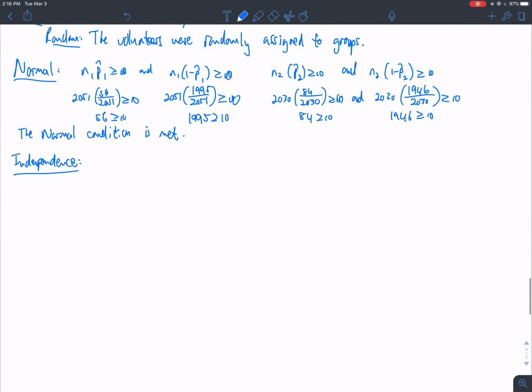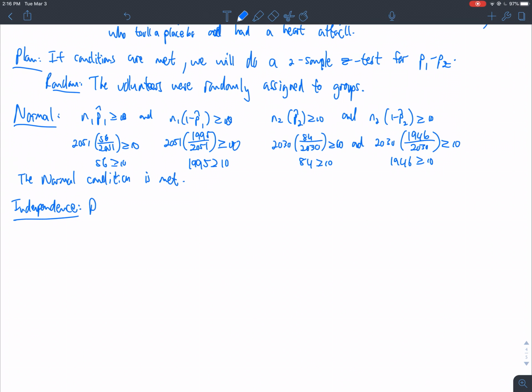All right? So we just say due to random assignment, it's safe to assume that the groups are independent. And when we say the groups are independent, we mean their responses to placebo or gemfibrozil are independent.